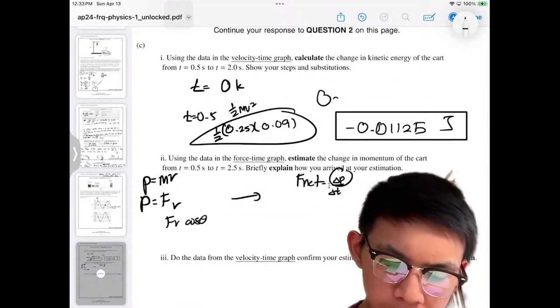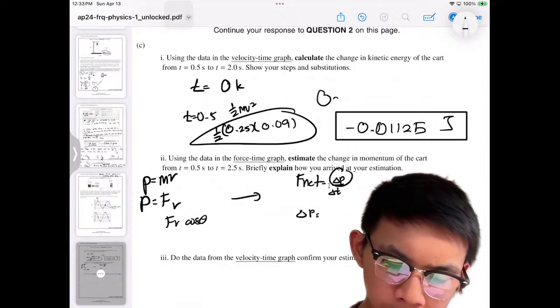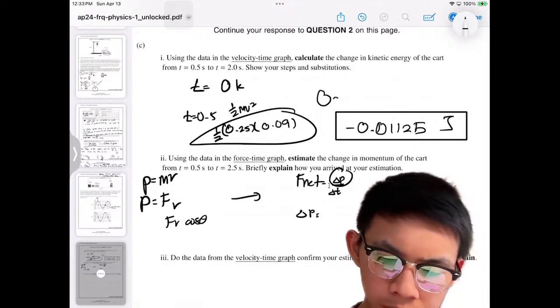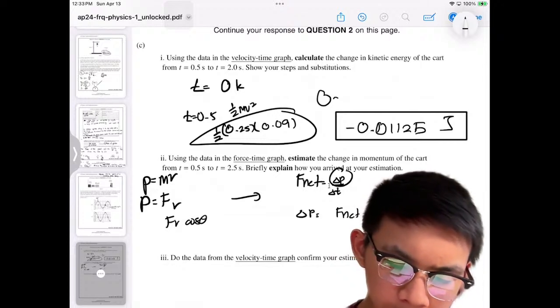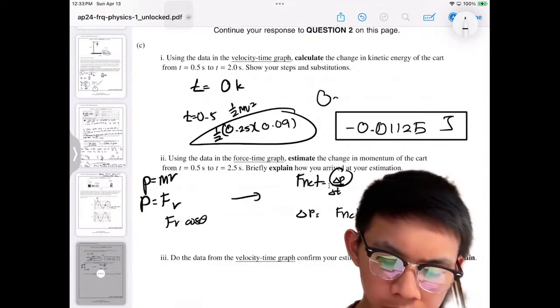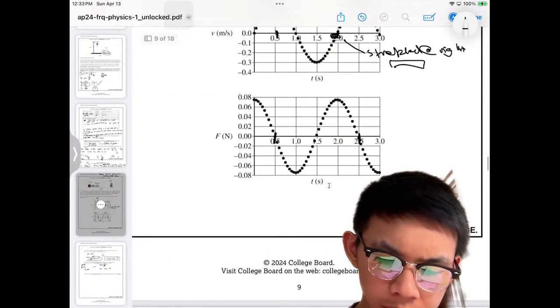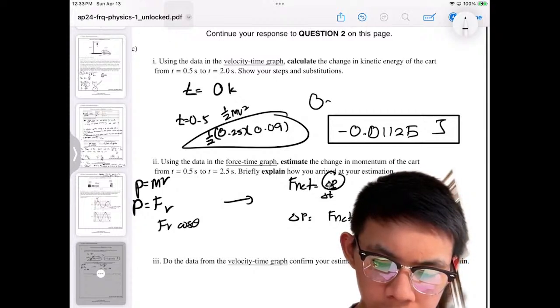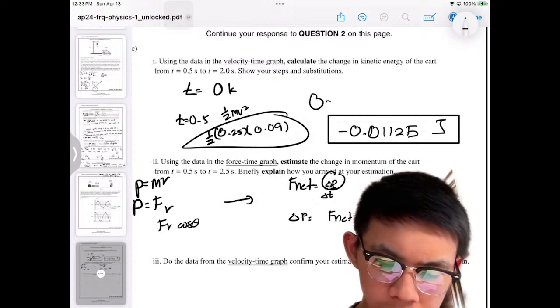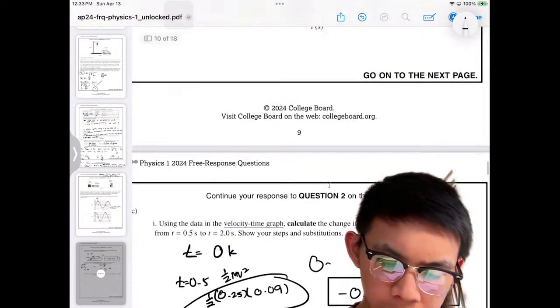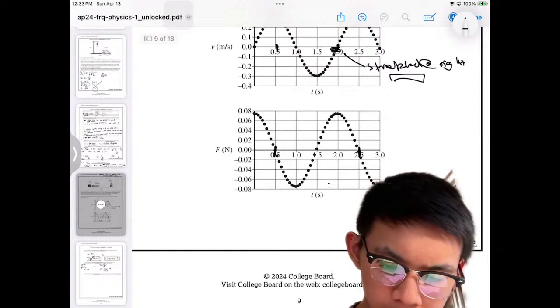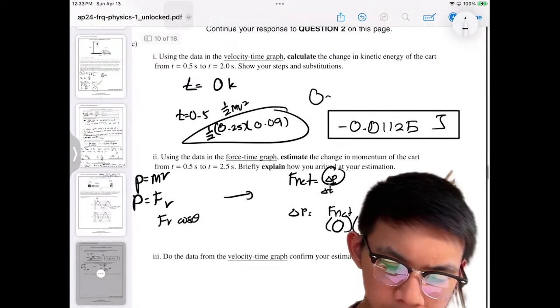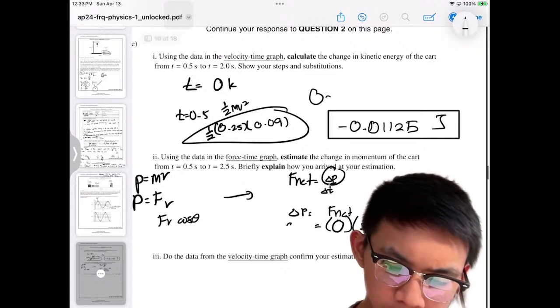This is a change of momentum. So delta P equals F net delta T. And I have F net here. So the net force is 0 times 2 seconds equals 0.